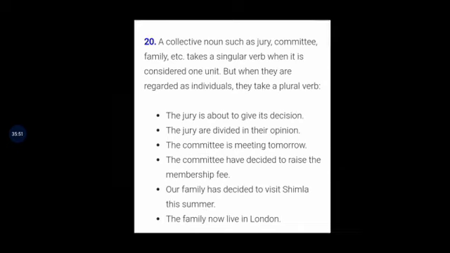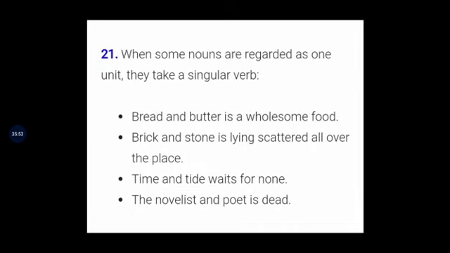The last rule of subject verb concord, rule 21. When some nouns are regarded as one unit, they take a singular verb. Some nouns sound plural, but they are regarded as one unit, so we take the singular form of the verb.